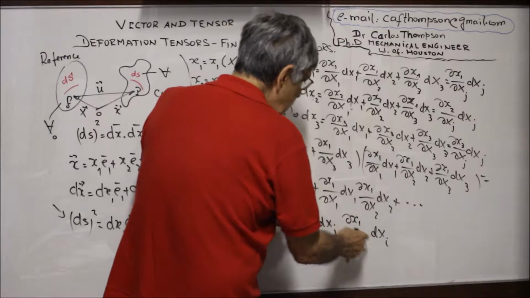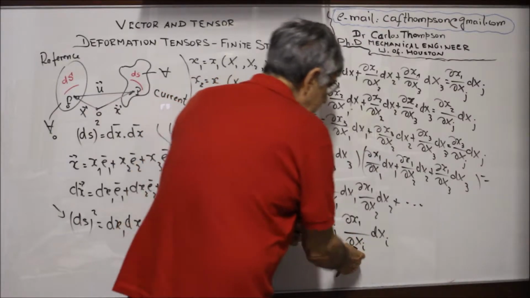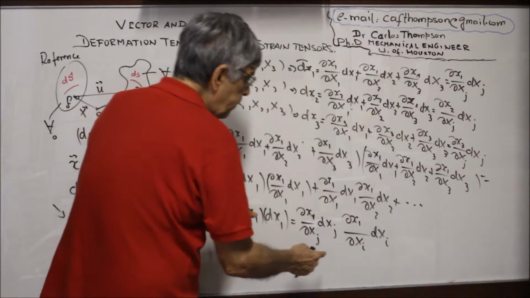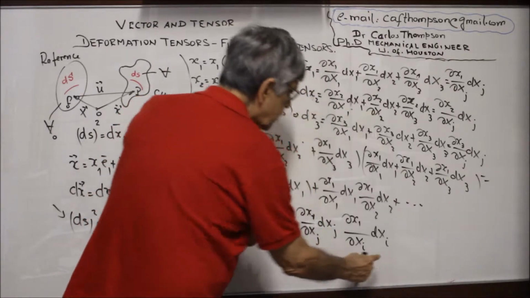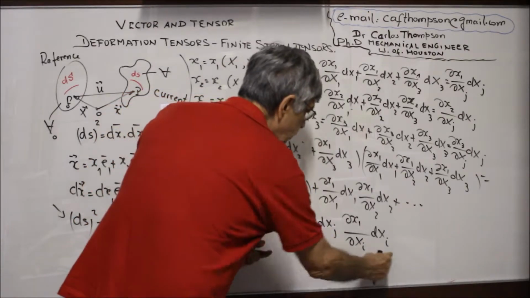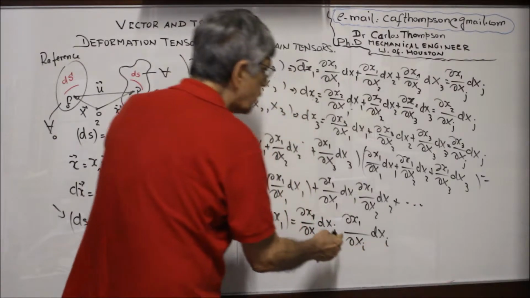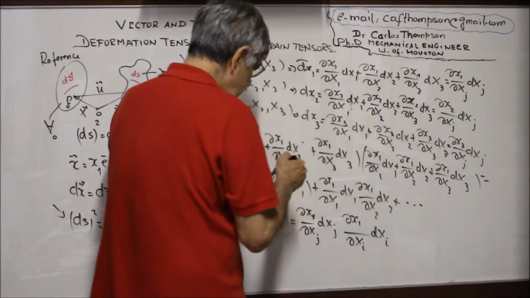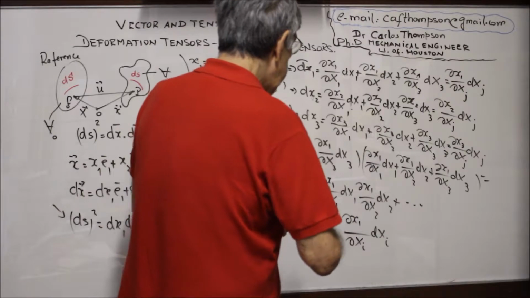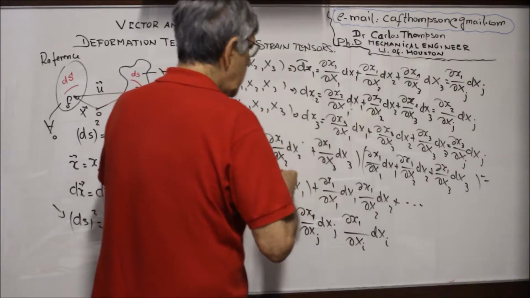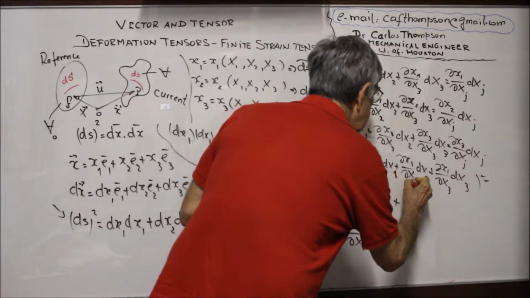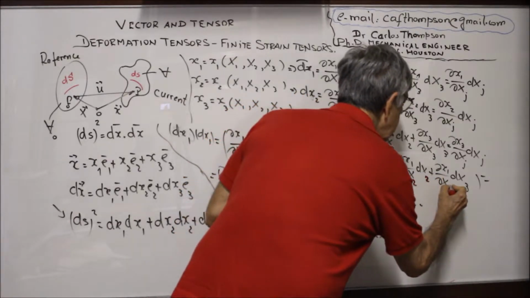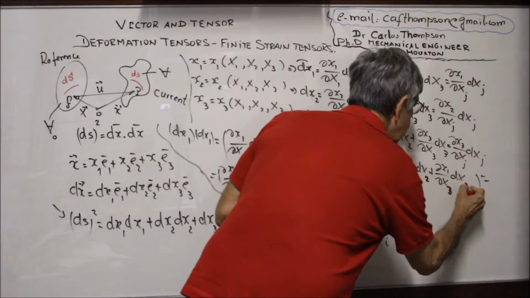Because if I use j here, it's not advisable to use the same dummy index in both places, so use a different one. This could be i, with indices 1 1, 2 2, and 3 3.